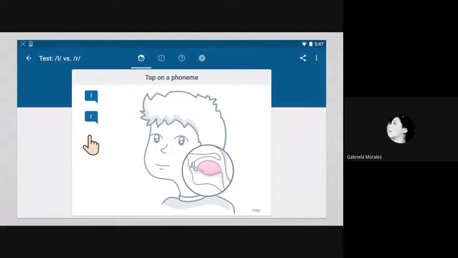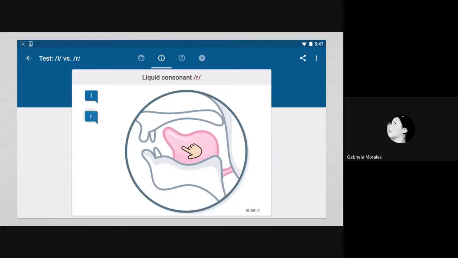Here are the two key distinctions between the r and the l. First, look at the position of the tip of the tongue. For the r sound, the tip of the tongue is raised toward the alveolar ridge, but it doesn't touch it.